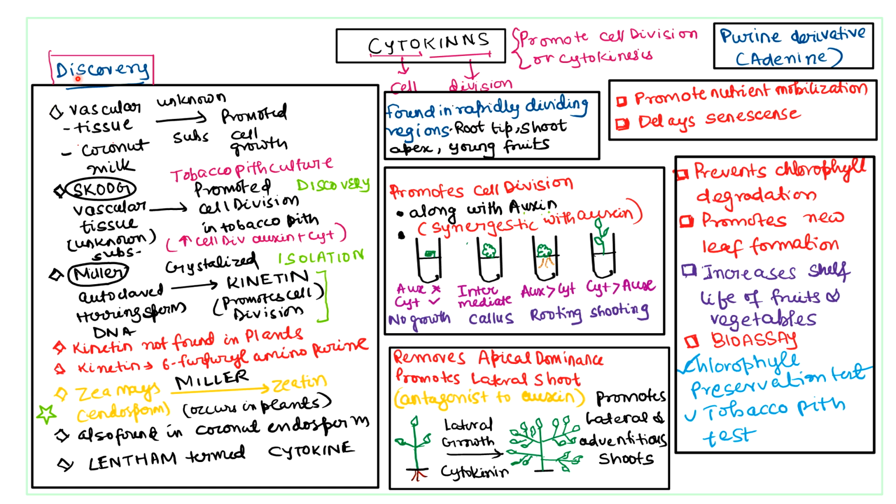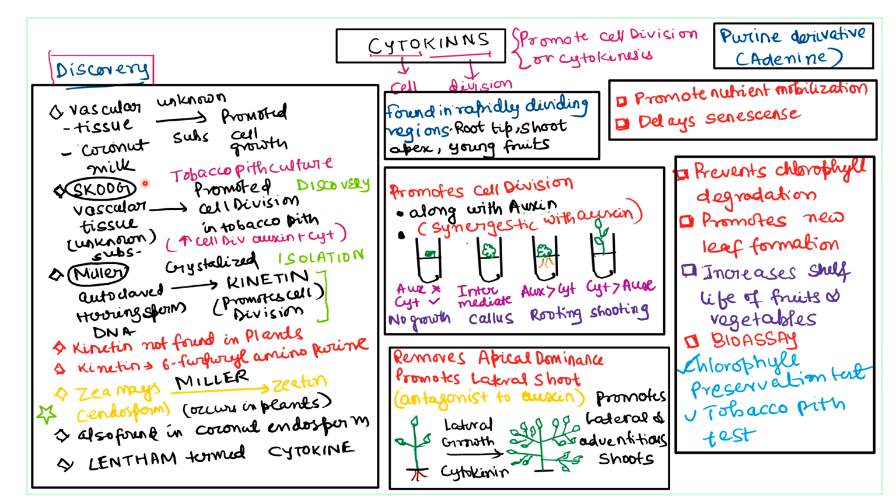Now the discovery of cytokinins. Initially, some experiments were done by Haberlandt in vascular tissue and later in coconut milk. It was seen that vascular tissue and coconut milk have some unknown substance, and this unknown substance is promoting cell growth.